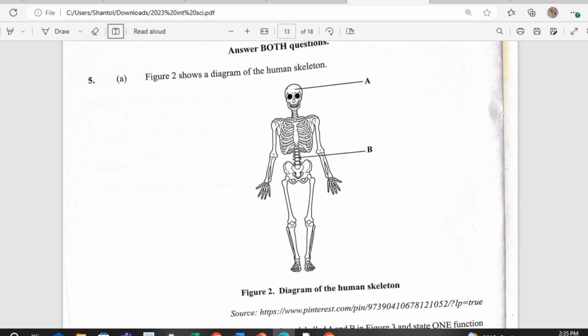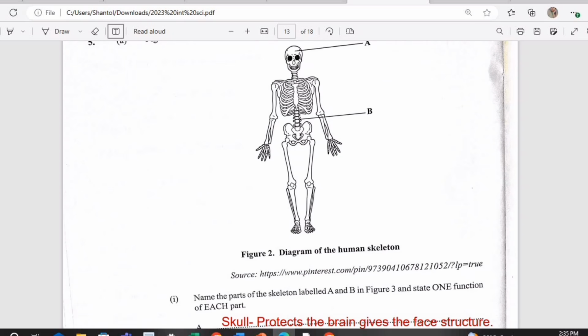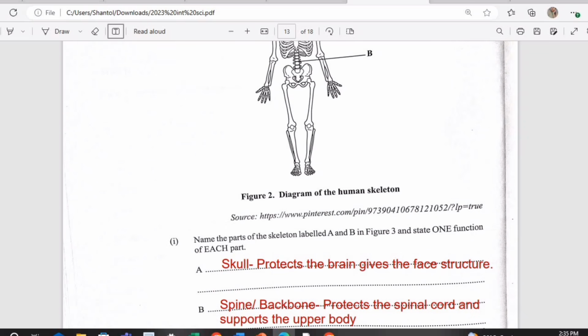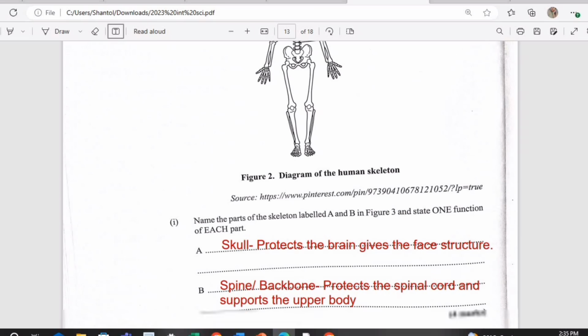Now if you didn't say spine, or if you said backbone, you'd still get the mark. A is the skull, the function, it protects the brain and gives the face structure. And B, the spine or the backbone, protects the spinal cord and also supports the upper body.